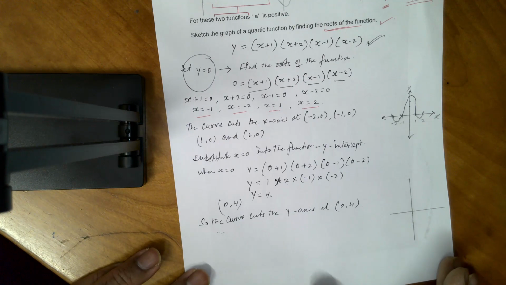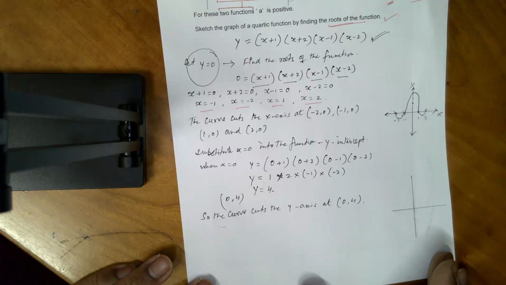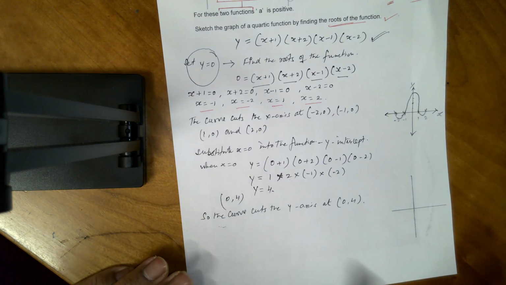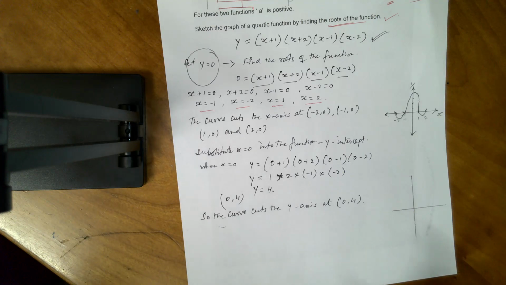I have done that in the cubic function as well as in the quartic function. Exactly the same method. You can insert a large value, negative or positive, of x, and then you see what actually happens to y.